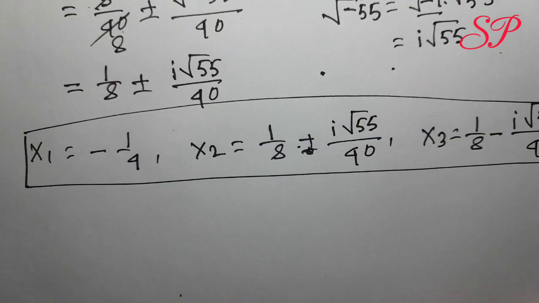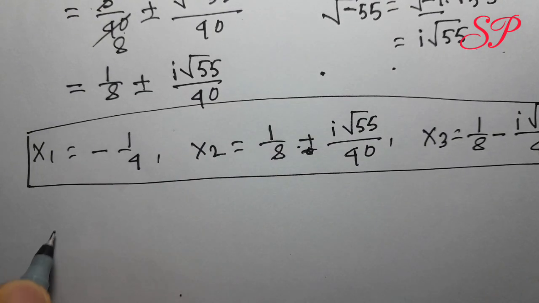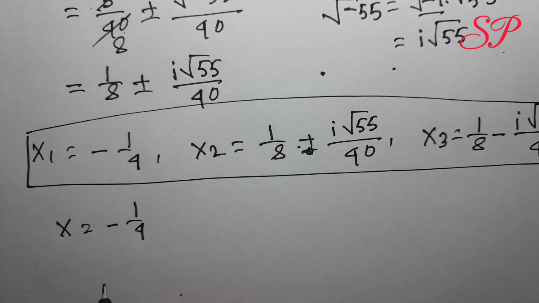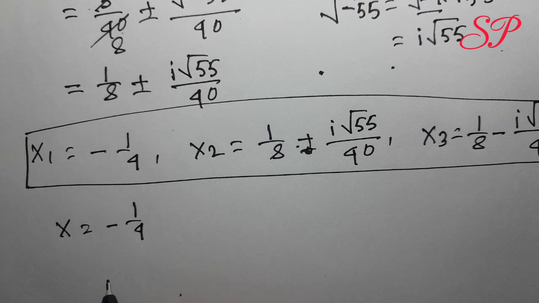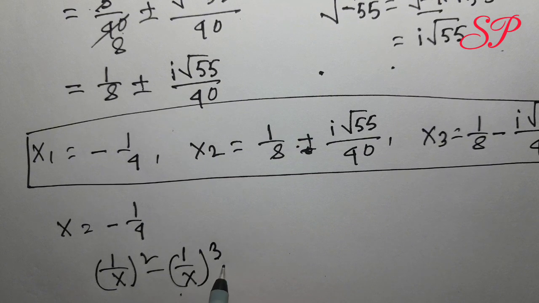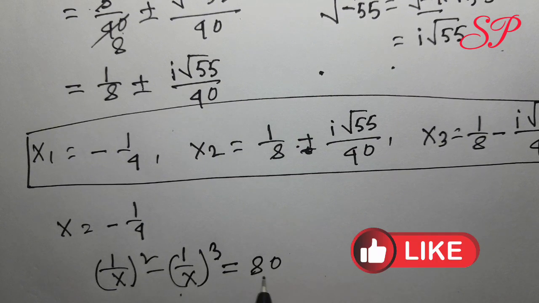Now we check. As x is equal to minus 1 by 4, then we put this value in the equation (1/x)^2 minus (1/x)^3 is equal to 80.